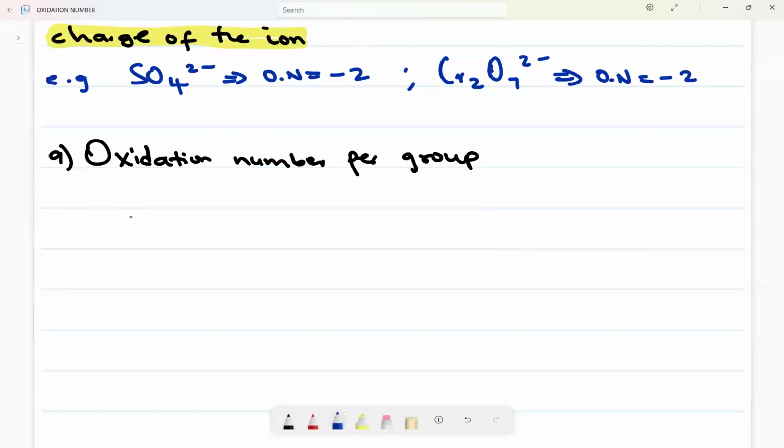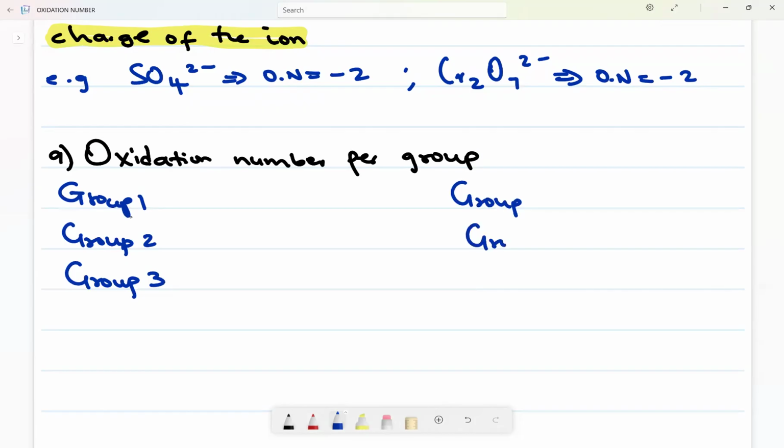When I have group 1, group 2, group 3, and then I have groups 7, 6, and 5. Remember, they have their respective oxidation numbers. Group 1, it is +1.